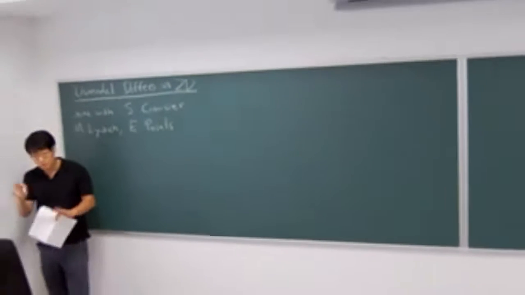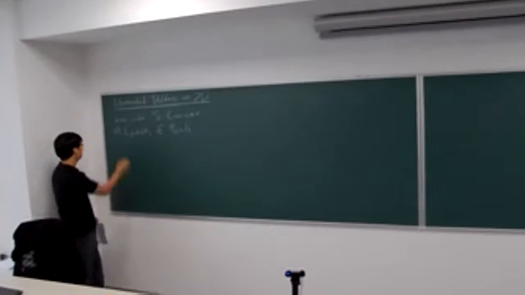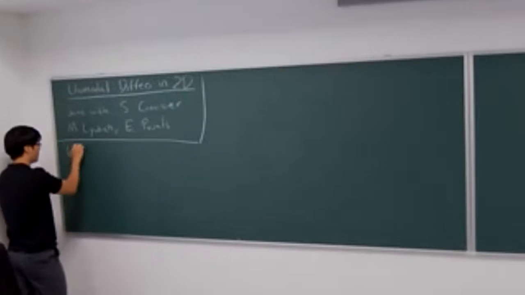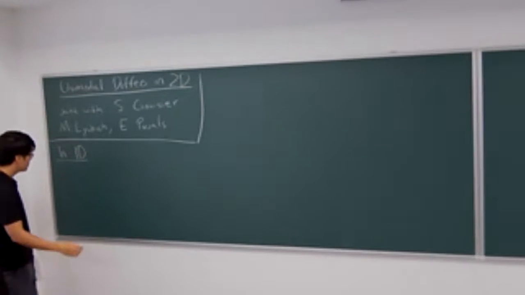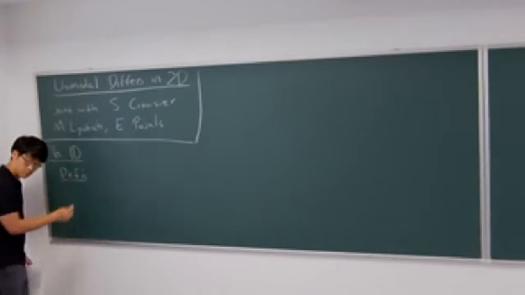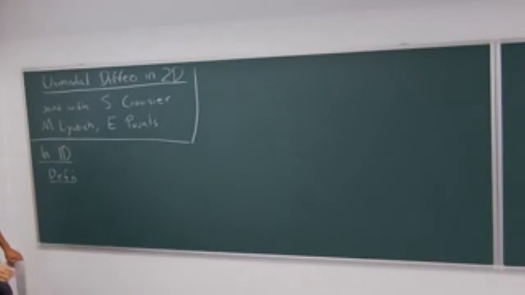Let me start with the 1D case, with some more familiar setting. In 1D, you define a unimodal map, and probably most of you know what a one-dimensional unimodal map is.